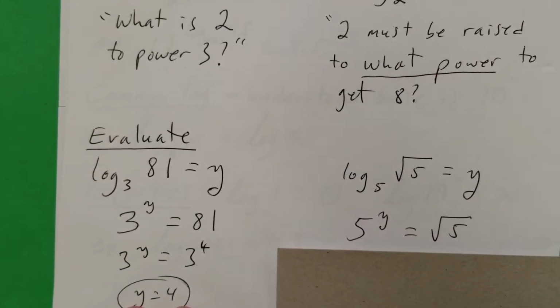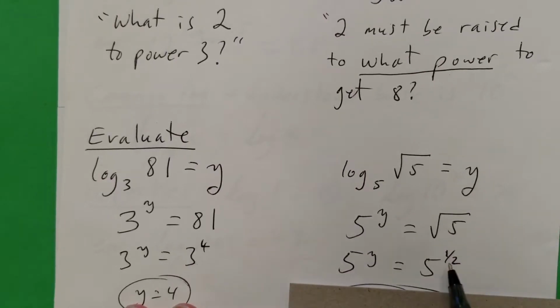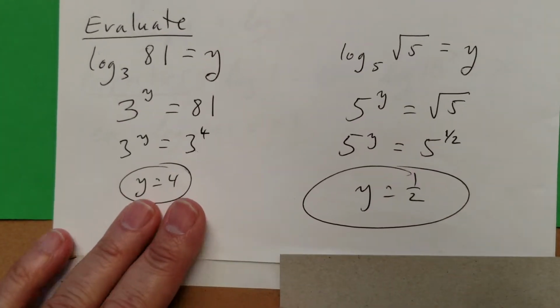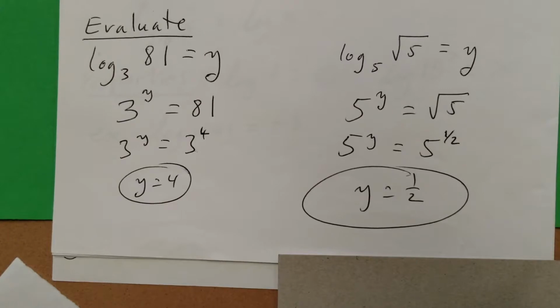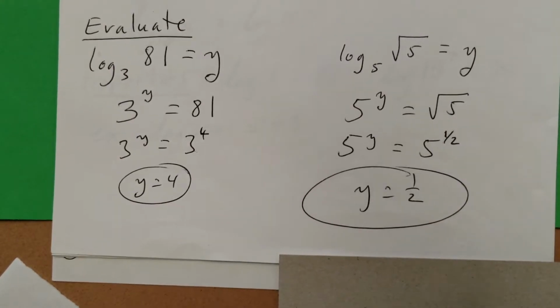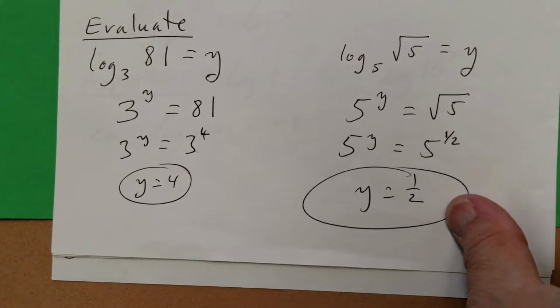So 5 to what power will give me the square root of 5? Half. So y must be half. For this one you had to remember from a previous class that square root and exponent half mean the same thing. It'll take a little getting used to, but it really is simple.